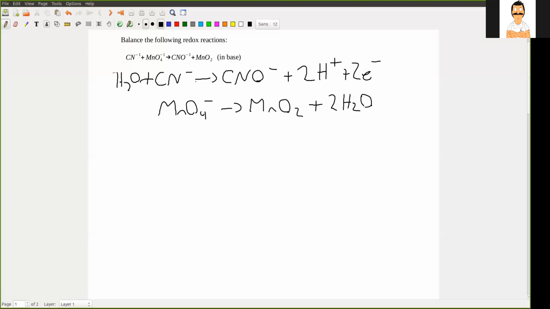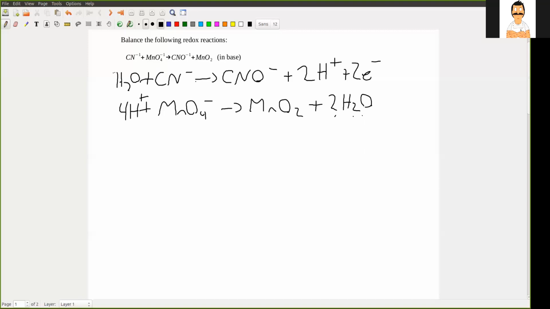We have 1 manganese on either side. Now we have to account for the 4 protons. So there's 2 times 2. So 2 from the coefficient, and then 2 hydrogens per water. So we'll add 4 protons to the left-hand side.